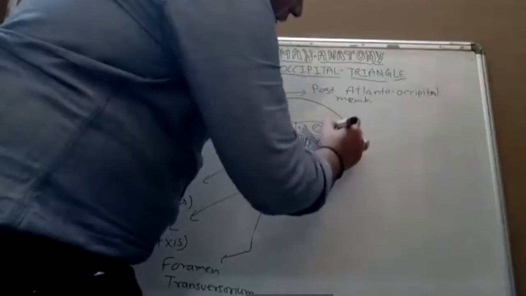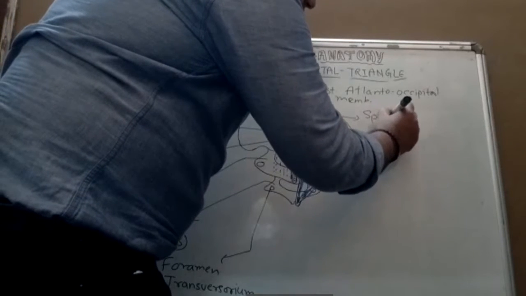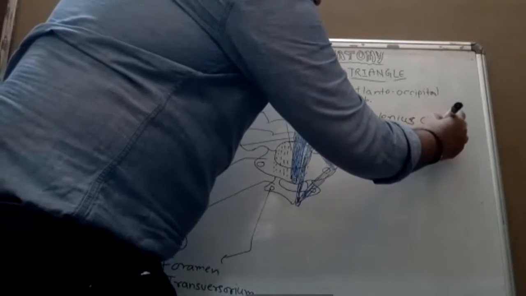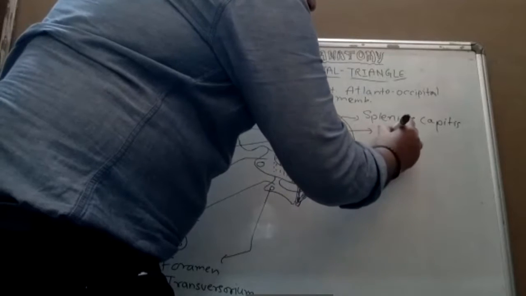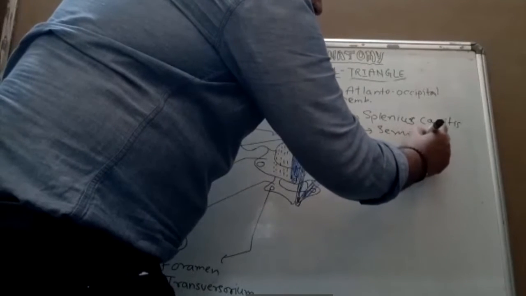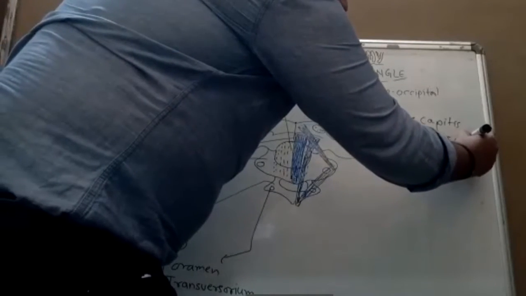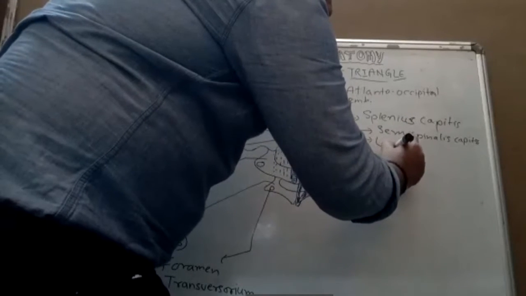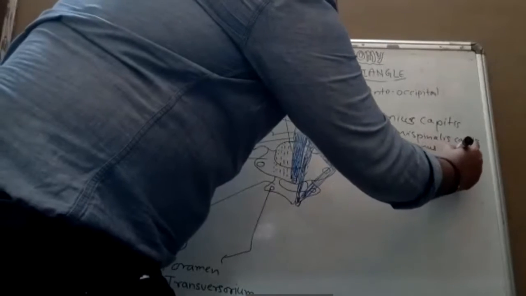So I will write the names of these muscles, the splenius capitis. All these are forming part of the roof. Splenius capitis, semi-spinalis capitis, longissimus capitis.